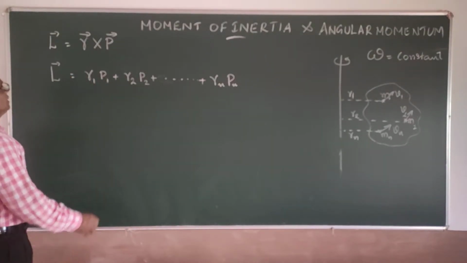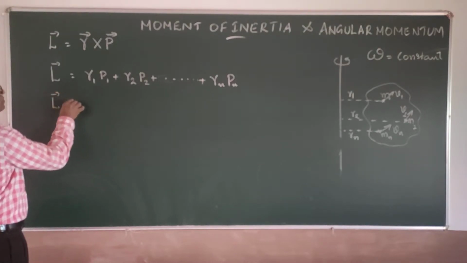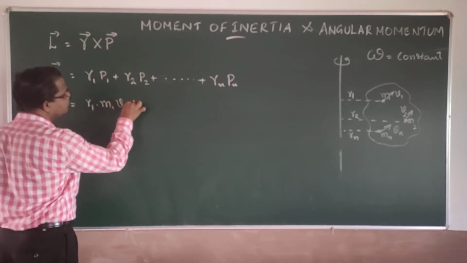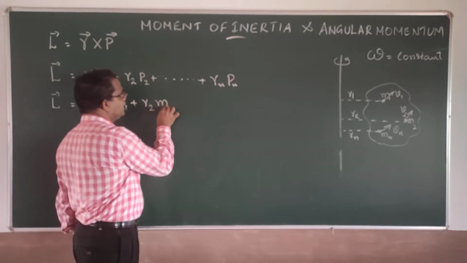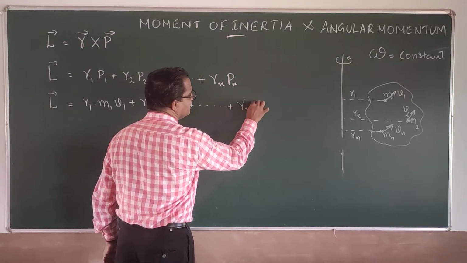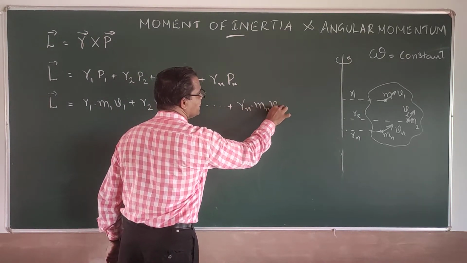And therefore L will be equal to R1 into M1 V1 plus R2 into M2 V2 plus etc. plus Rn into Mn Vn.